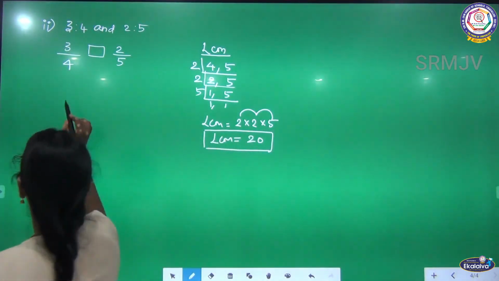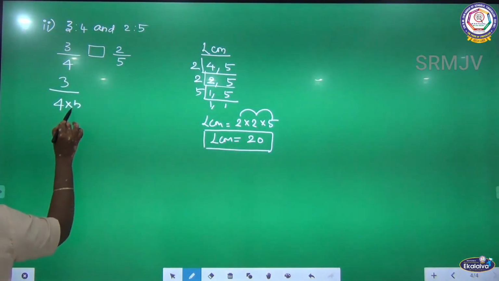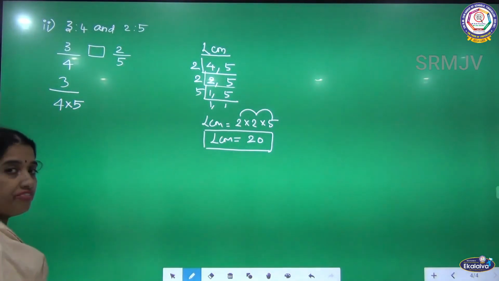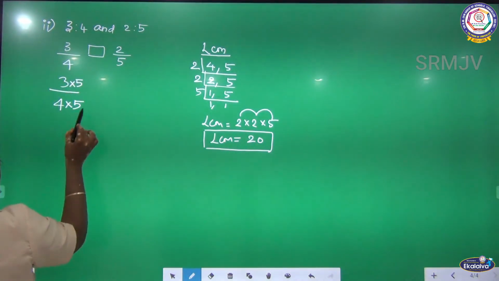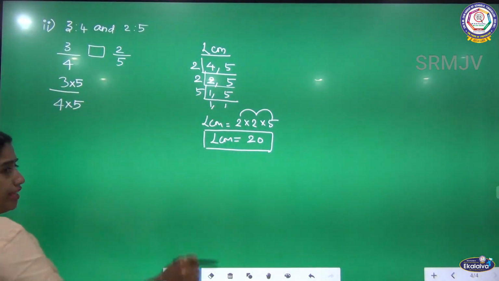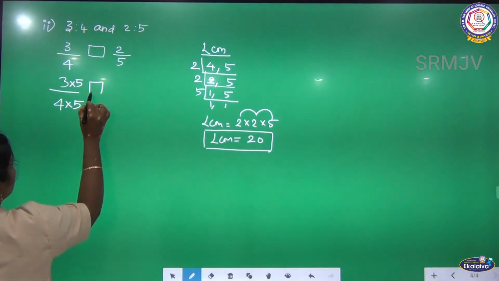Listen, 3 by 4, already 4 is there, so multiply by 5, and here also multiply by 5. What you do in the denominator, the same thing should follow in the numerator, and make a box.